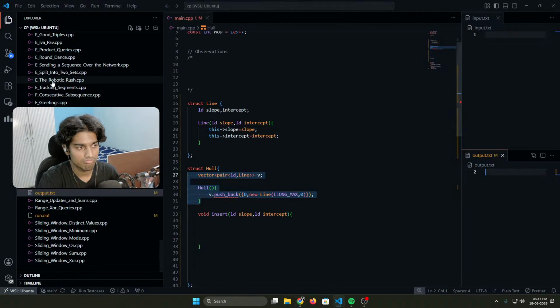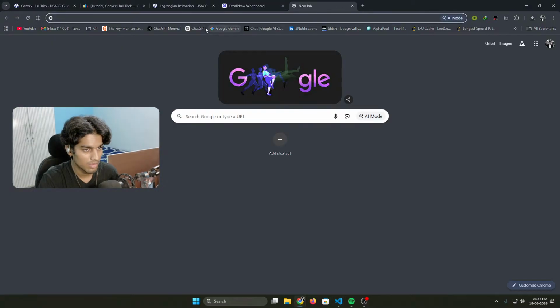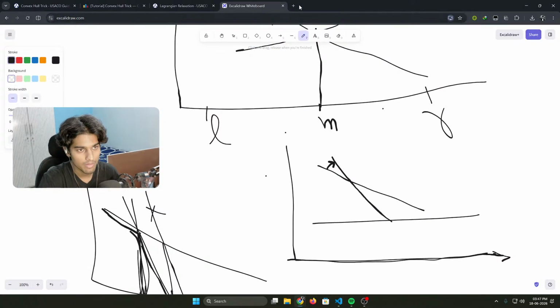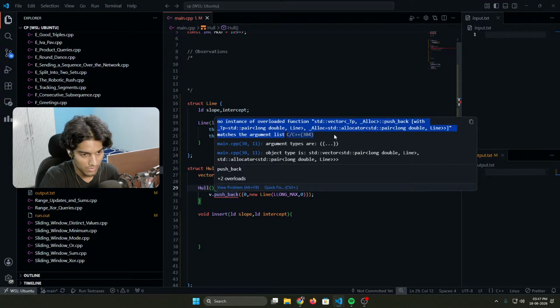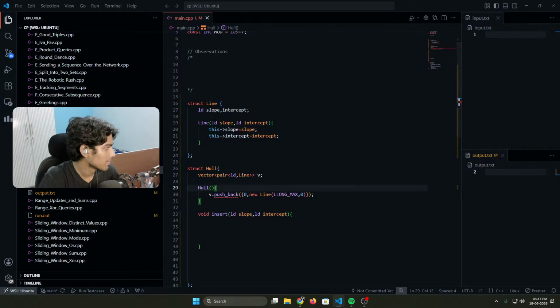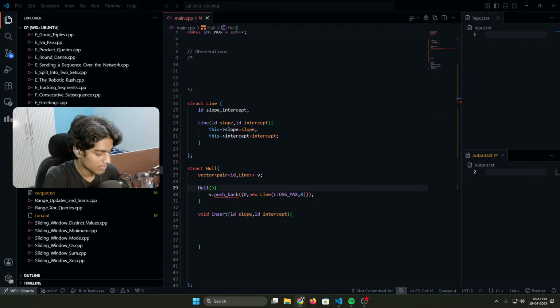Do I have? Not here though. Let me open in a new tab. Let me also paste the issue. I don't want to see any code for this. But this gives me a pointer, no?